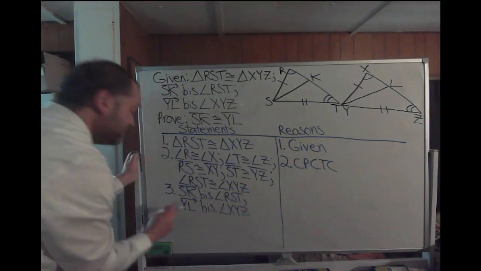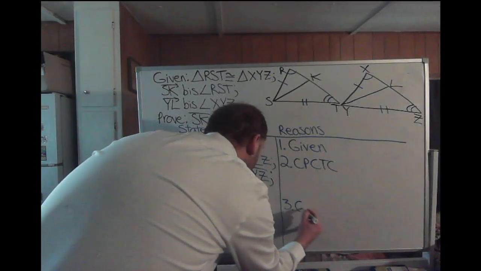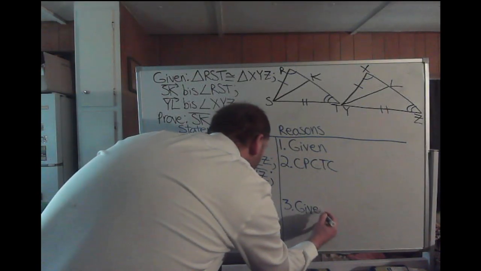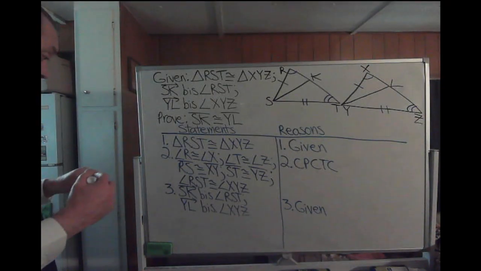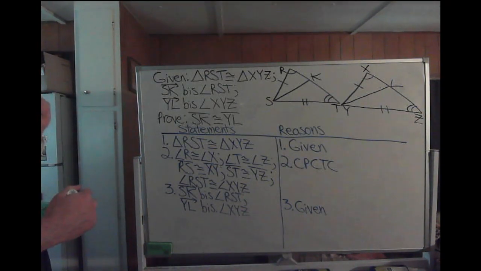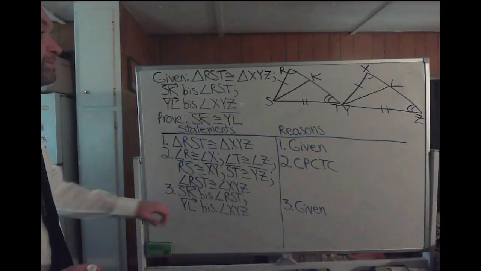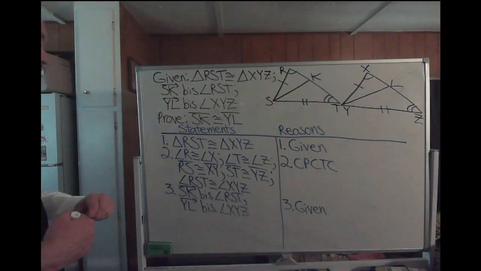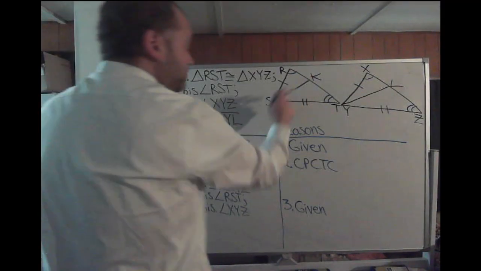That, of course, was given to us for step 3. Alright, well, if these rays bisect, doesn't that mean that angle RSK is equal to angle KST?